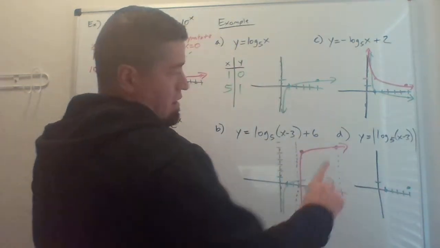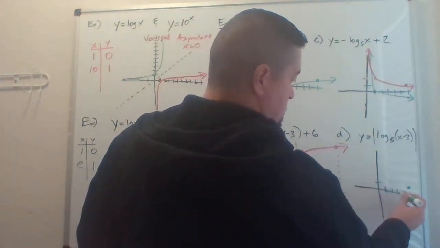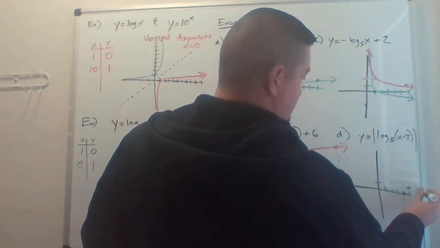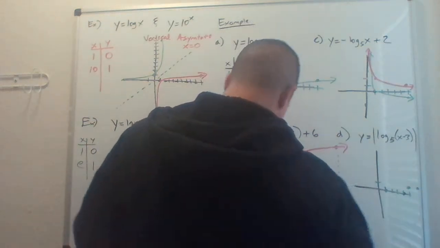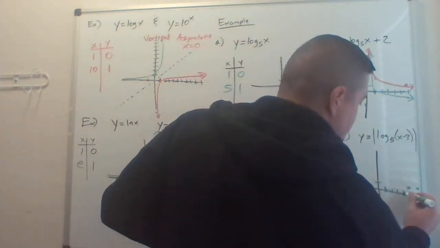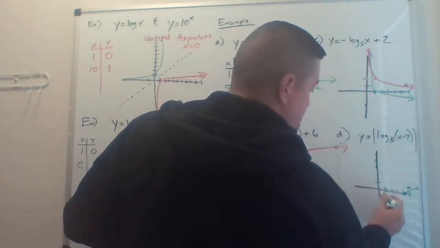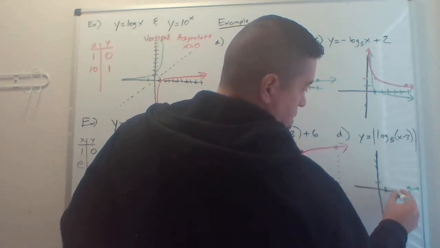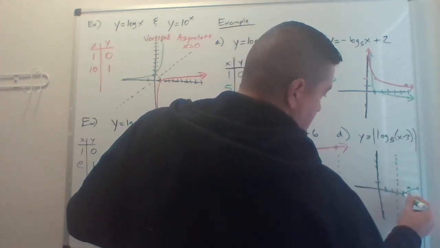Okay, and I won't even graph it. I'm just going to shift those points right 3. 1, 2, 3. And then 1, 2. Well, I might have trapped myself here because I ran out of space. But there's the right shift. Okay, and then also we'll shift our asymptote. 1, 2, 3. Okay, so here's my graph.